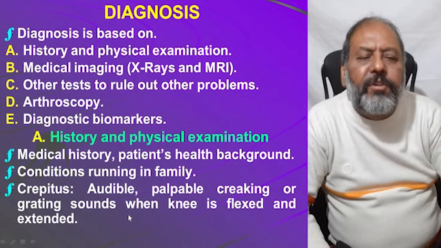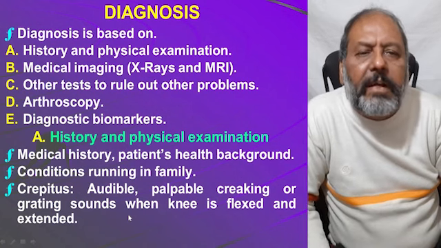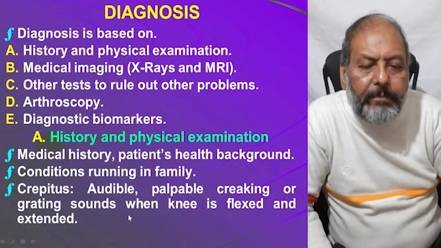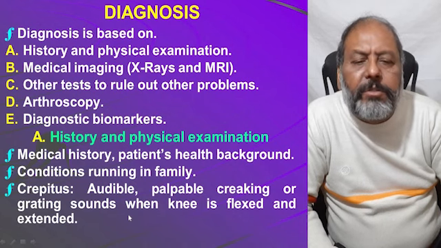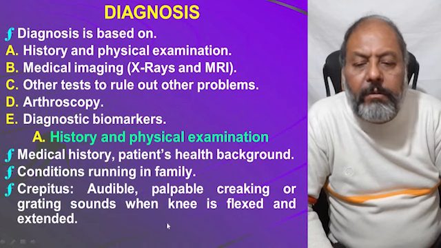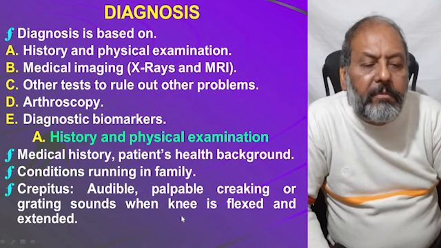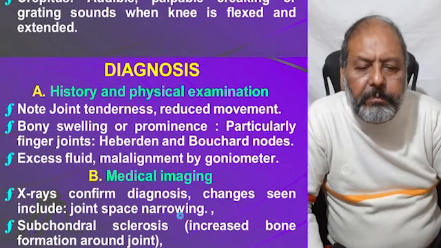First, the history and the physical examination: medical history, patient's health background, and the conditions which are running in the family. Next is crepitus, which is an audible, palpable crack, creaking, or grating sound when the knee is flexed and extended during the examination.